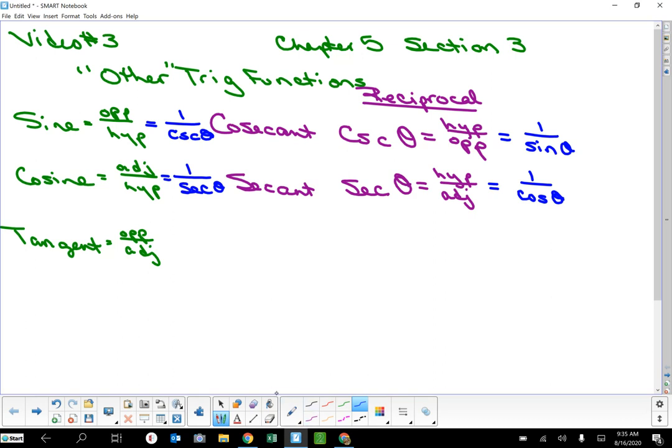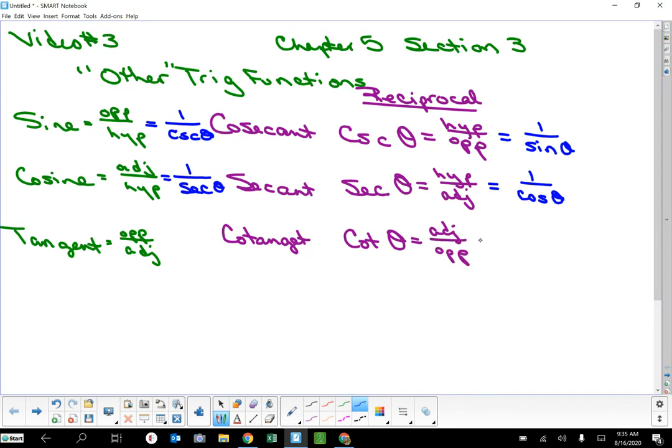Okay, so tangent, its reciprocal is cotangent. Its abbreviation is COT, so cotangent of theta is the reciprocal of tangent, which is opposite over adjacent. So this is adjacent over opposite.